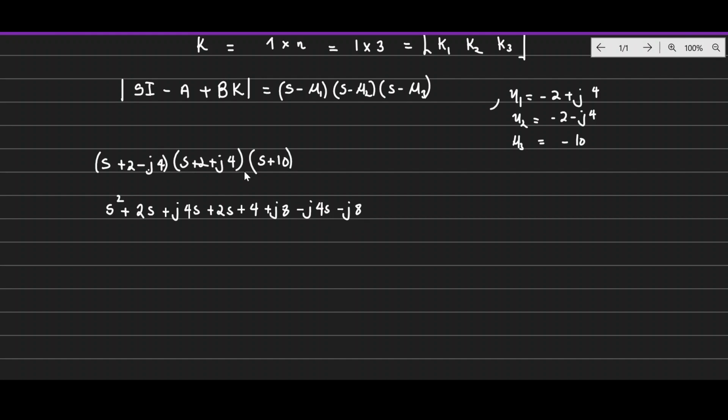And then negative j4 times j4: j times j is negative 1, and this negative becomes positive, so 4 by 4 is positive 16. We have s squared, 2s plus 2s, that is 4s, and j4s and negative j4s cancel out, j8 and negative j8 cancel out. We have 4 plus 16, that is 20.